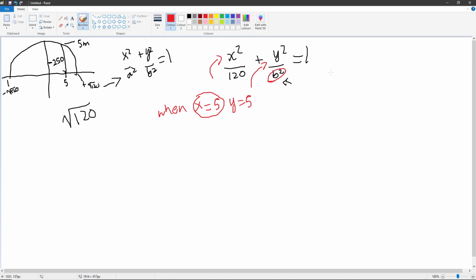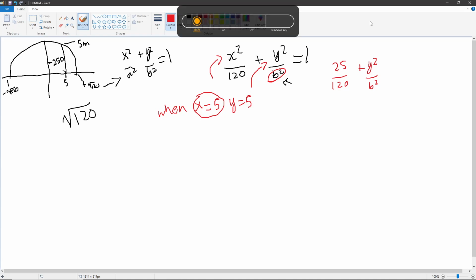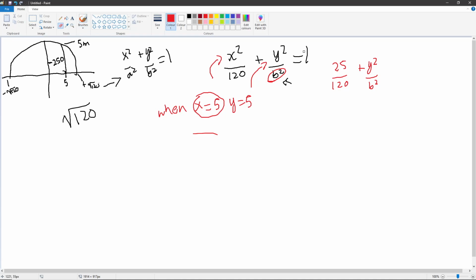What that's going to look like is 25 over 120 plus y squared over b squared. Sorry, I should have put the y squared as being 25 as well. That's my bad.